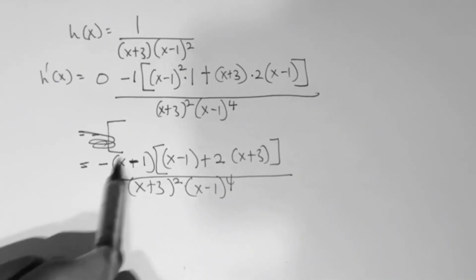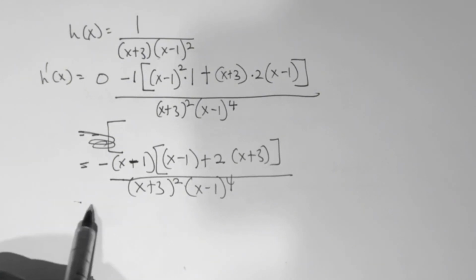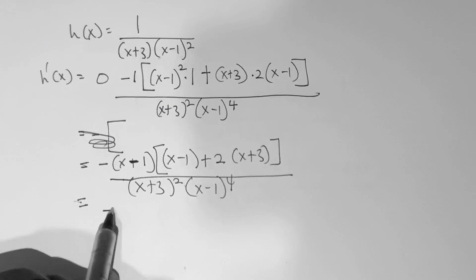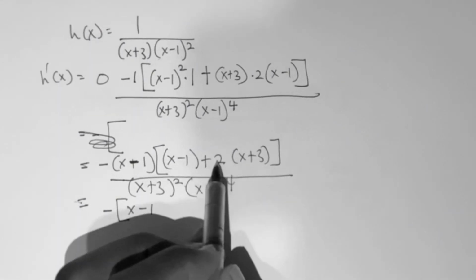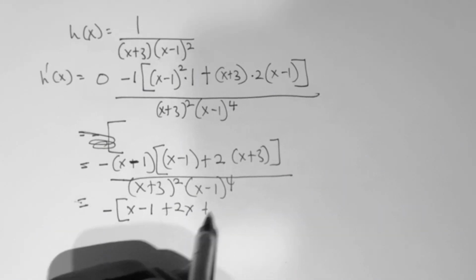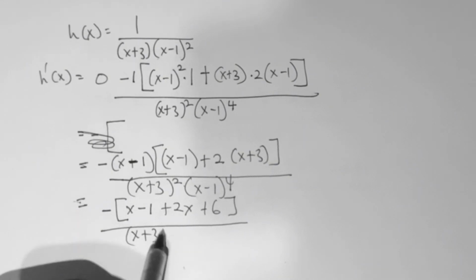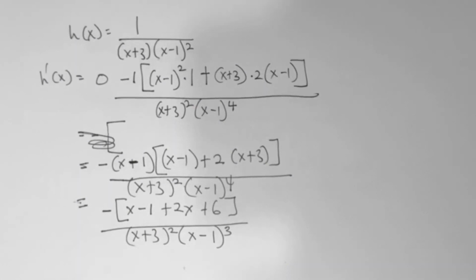So this (x − 1) can cancel one of these because there are 4 here. So this is equal to minus, in brackets, (x − 1), then 2 times x is plus 2x, and 2 times 3 is plus 6, divided by (x + 3)², then (x − 1)³.